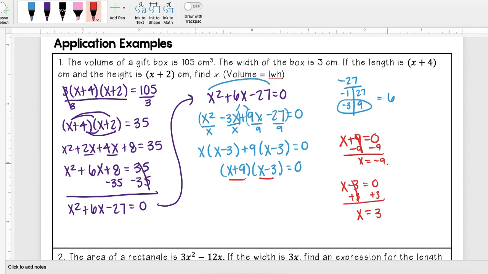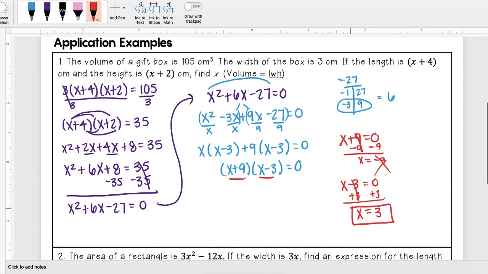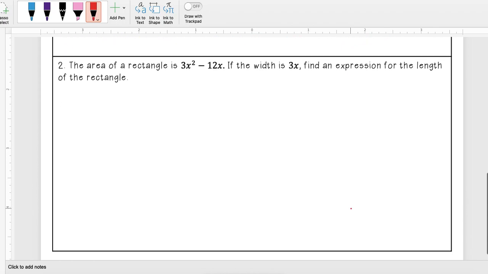So I have 2 answers, negative 9 and 3. Since I can't have a negative length, that won't be an answer, so I just have x equals 3. So you'll always take the positive for this volume question.